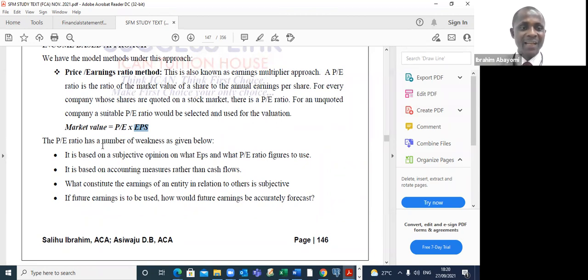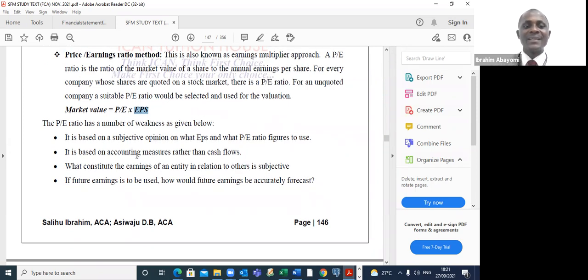Now, the price earnings ratio has a number of weaknesses. What are the weaknesses? One, it is based on subjective opinion on what EPS and what price earnings ratio figure to use. What are we saying here? If I want to value a company using price earnings ratio and the company is not quoted, where will I get the price earnings ratio from?